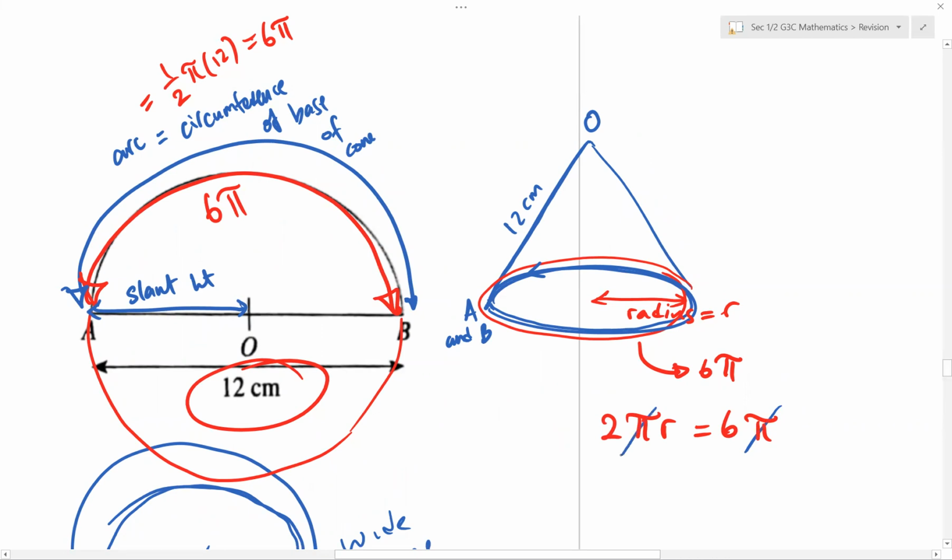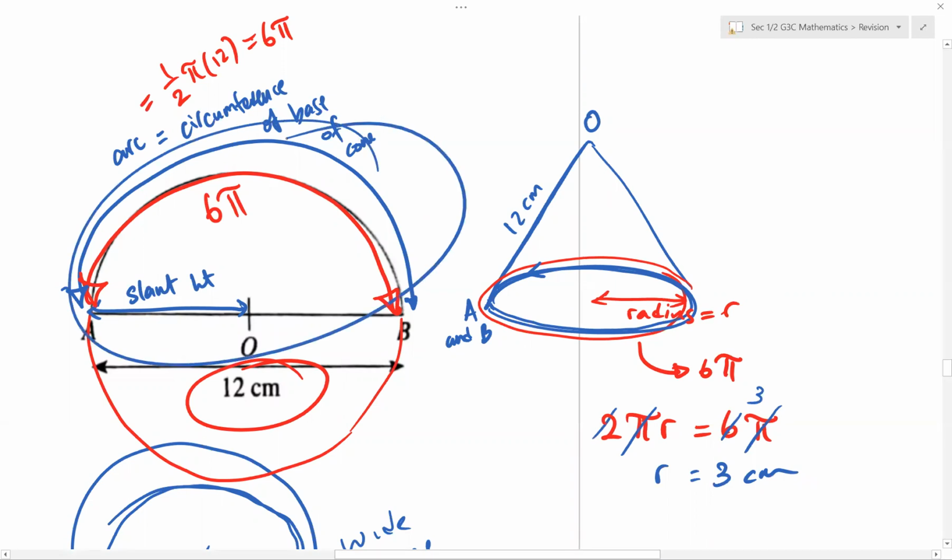When I say cancel, we are actually dividing by pi, and we can divide by pi because pi is a positive number. It is non-zero. Divide again, left with 3. So the radius is now simply 3 cm. It is exactly half of the radius of the semicircle in this case, because this is a semicircle.